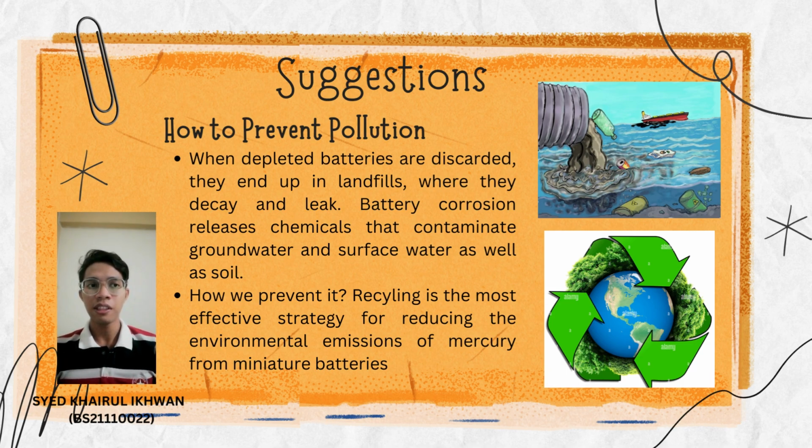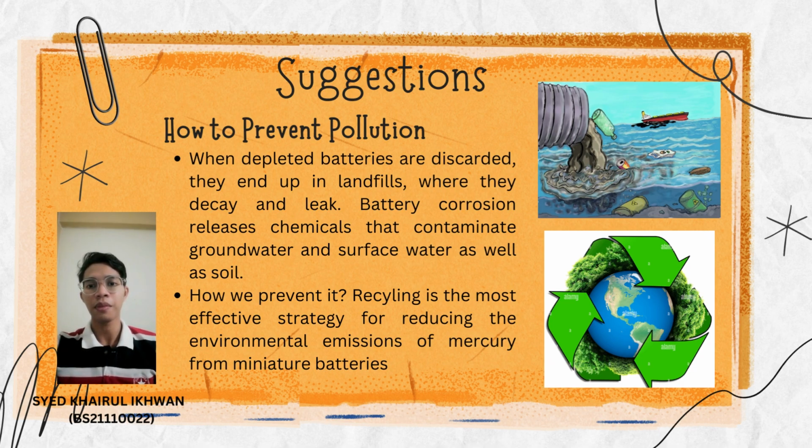As batteries corrode, their chemicals like mercury soak into the soil and contaminate groundwater and surface water, which is harmful to thousands of aquatic plants and animals. And so, when we drink from the faucet, we could be ingesting dangerous metal. So, how do we prevent it? The best way is to recycle the battery so that it can be reused to make new products or batteries themselves. Reusing and recycling material takes less energy and has less impact than mining for virgin material. So that's all from me.